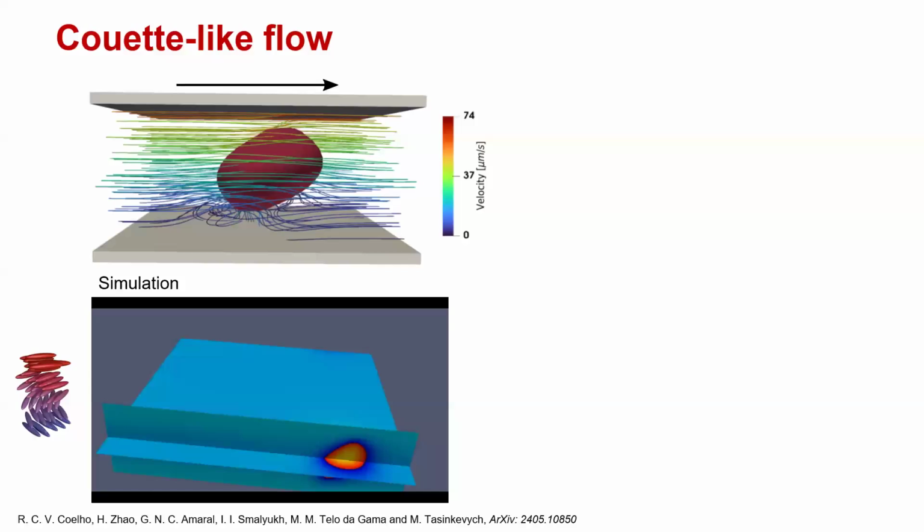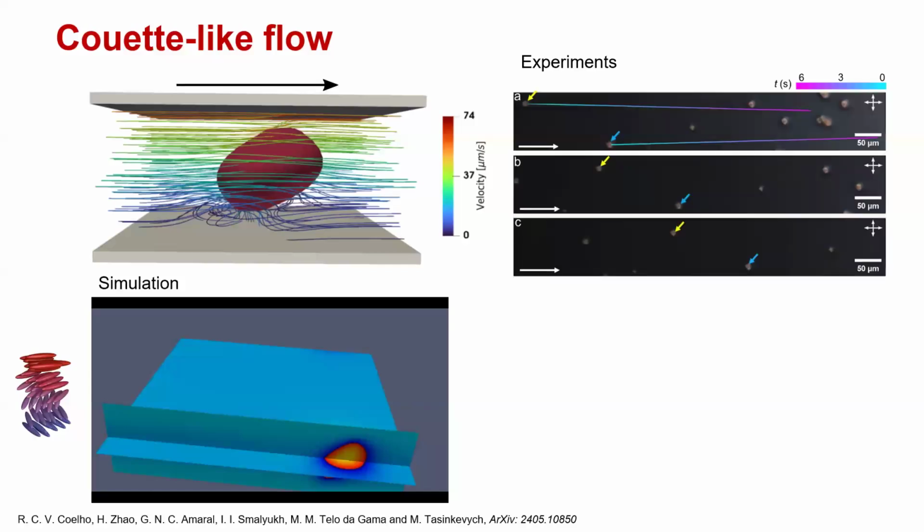So again, the experimentalists helped to see if it's not just some artifact or some defect of the simulation. And they did observe that the skyrmions follow inclined trajectories. But in the experiment, some of them go down while others go up.